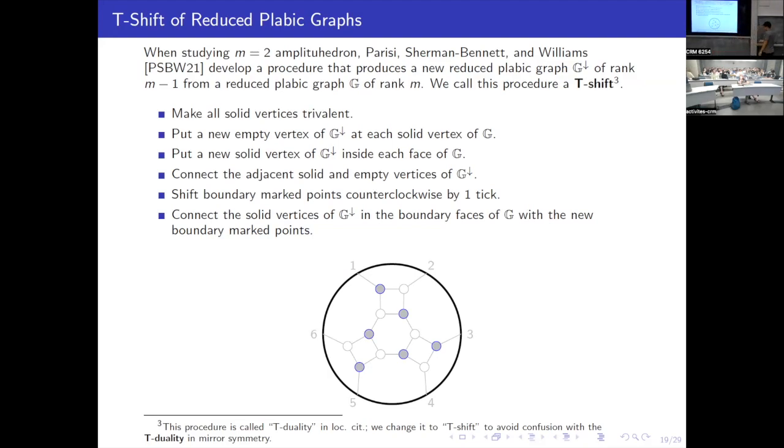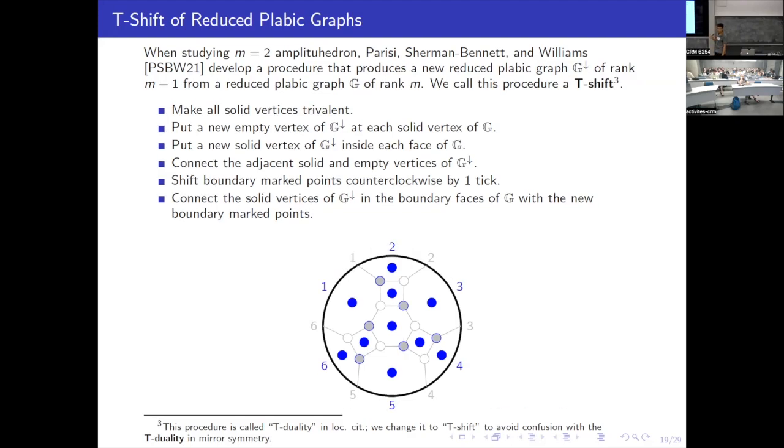And then I'm going to put a solid vertex in each face. Then I'm going to shift the boundary marked points counterclockwise by one tick, or I should say half a tick, because I move it to the arc in between. And then you just connect the solid vertices with the empty vertices and the boundary points like that.